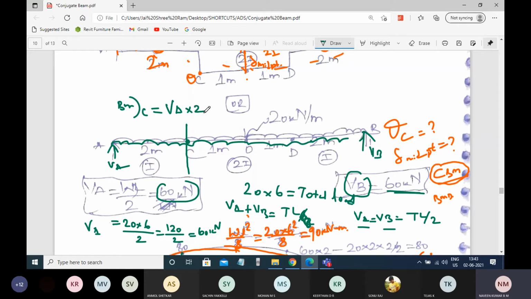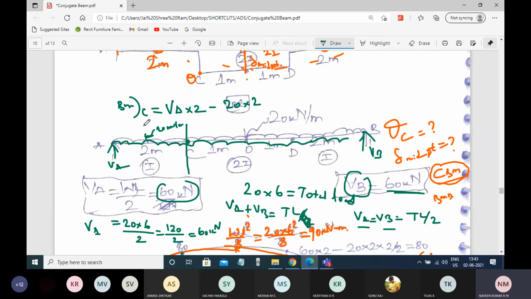2 meter. Is it clockwise or anti-clockwise? Clockwise, right? So minus. The intensity remains the same, 20 kilonewton per meter, so minus 20 is the load intensity over a length of 2 meter.